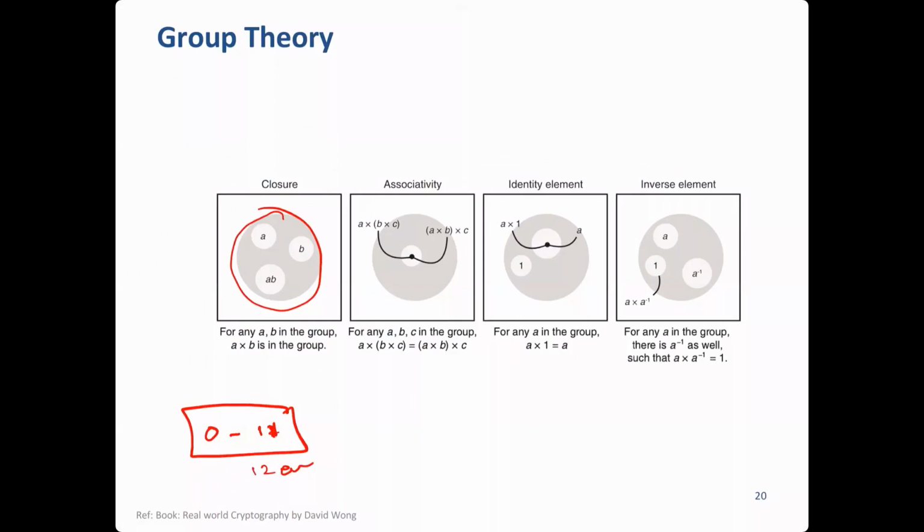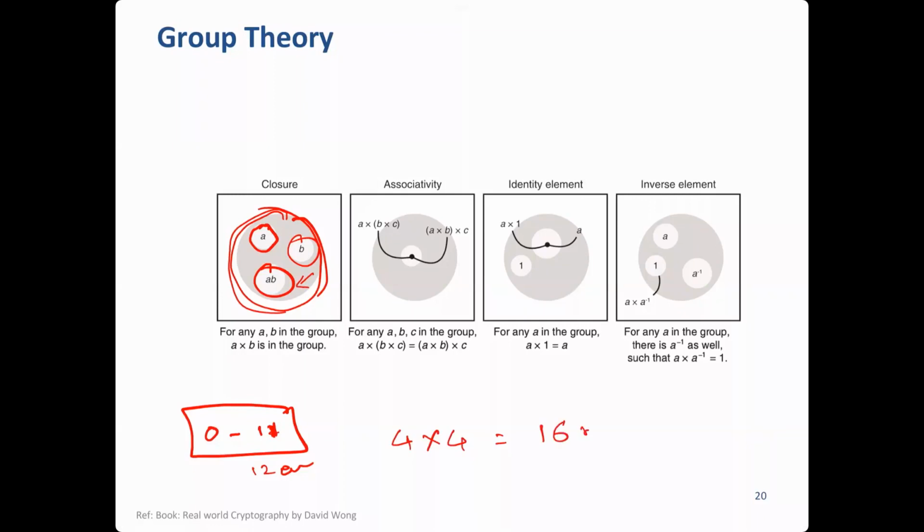So for example, if you have a set of numbers, and there are two elements a and b, if you multiply them, then this multiplication will also remain in the same set. For example, in case of clock, you do 4 into 4, that's equal to 16.